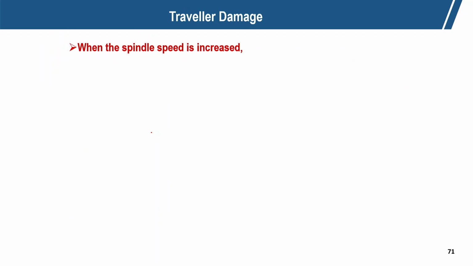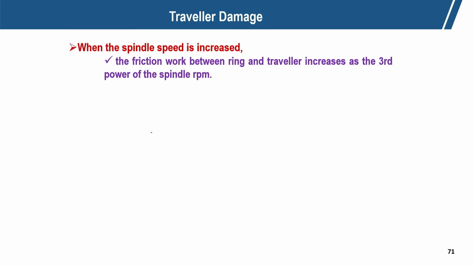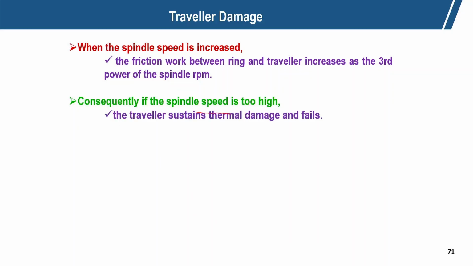Now, traveller damage. When the spindle speed is increased, the friction work between the ring and traveller increases as the third power of the spindle speed. That is how the friction increases. Consequently, if the speed is too high, the traveller sustains thermal damage and fails.